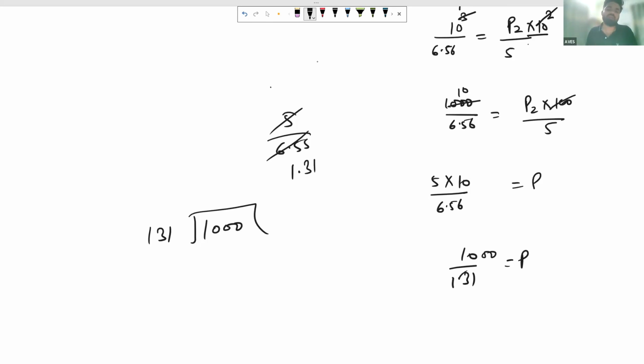So approximately how much? Approximately 7 times. 13 7s are 91. So you multiply by 7: 7 1s are 7, 7 3s are 21, 2 carry 7, 1 is 7 and 2 is 9. 917.